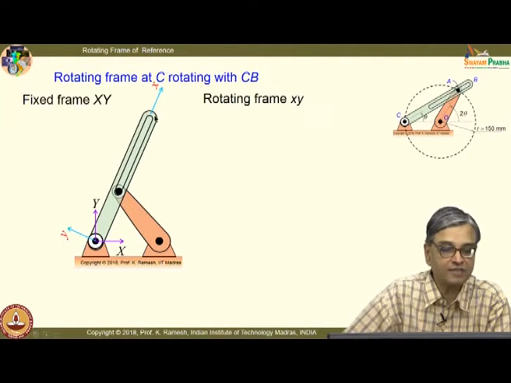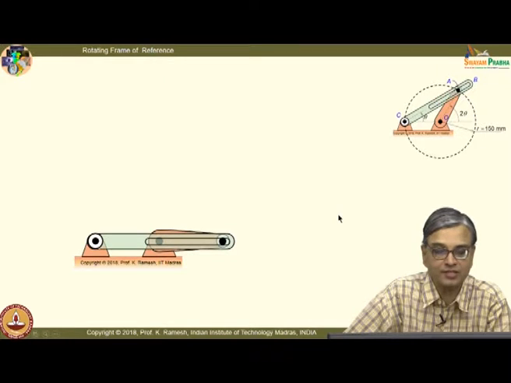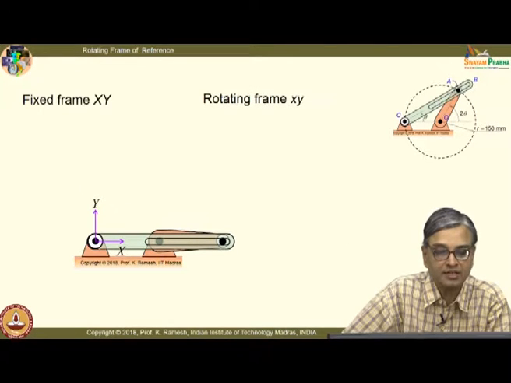So, in this case I have the rotating frame, origin is kept at this point and this is rotating with the slotted arm CB. When this problem was given to students in an exam, some of them used another way of fixing the rotating frame of reference, which I was unable to animate completely.